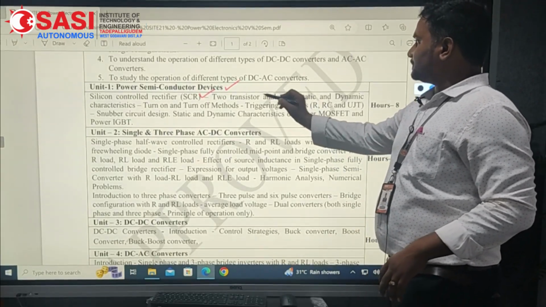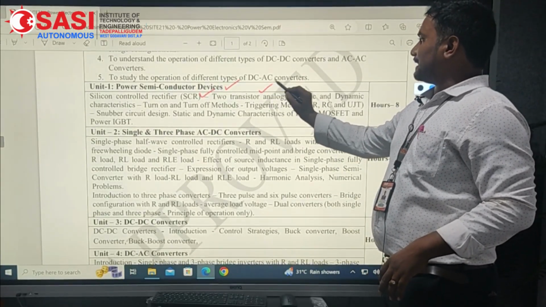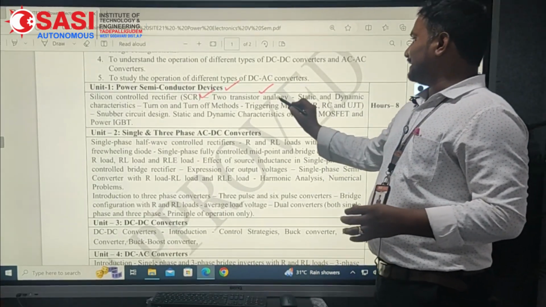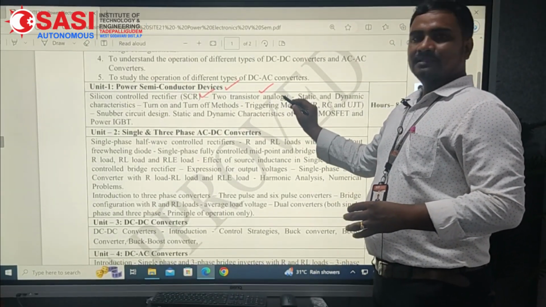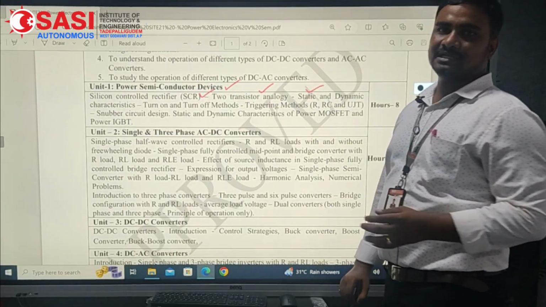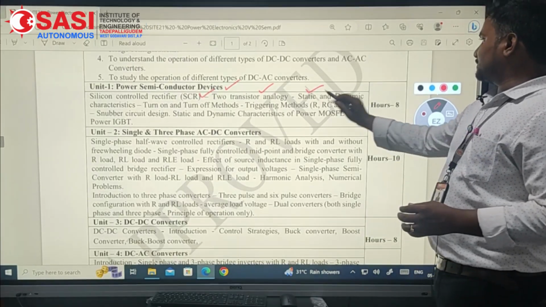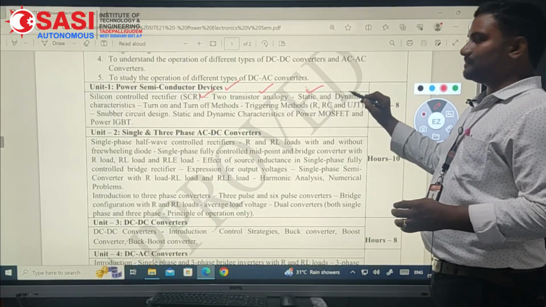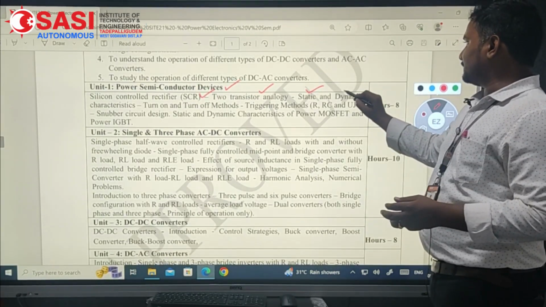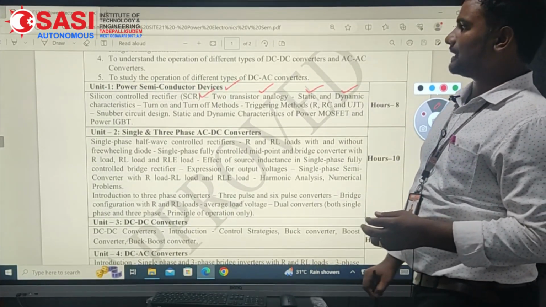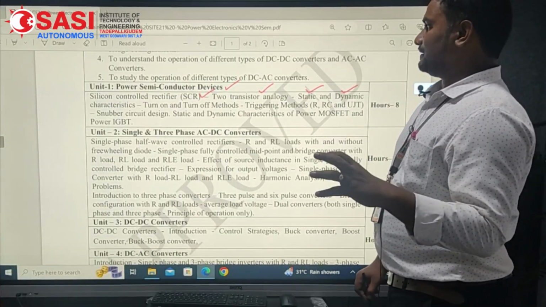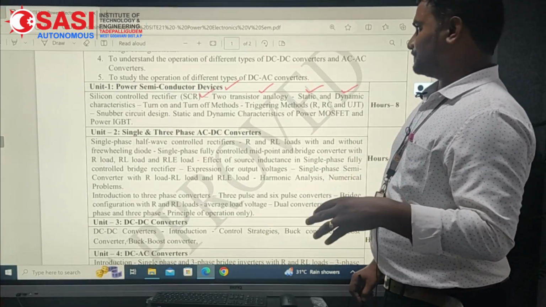To understand the SCR characteristics or SCR working operation, we are going to analyze the 2 transistor analogy in this module, and along with that the performance of SCR can be obtained by analyzing the static, that means VI characteristics. Along with that, we are going to study the dynamic characteristics, that means switching characteristics of the SCR in terms of turn on and turn off mode.